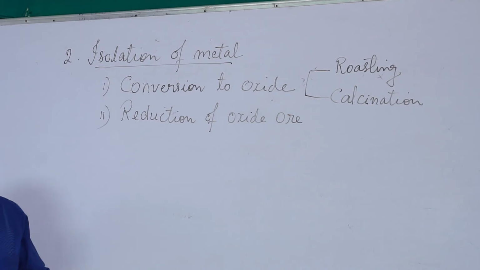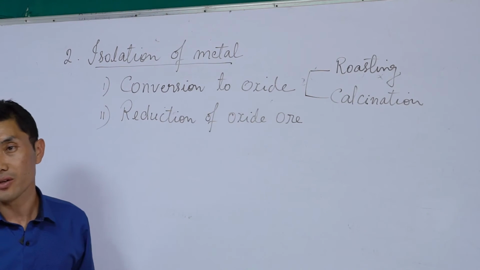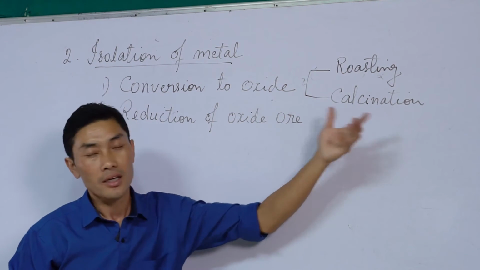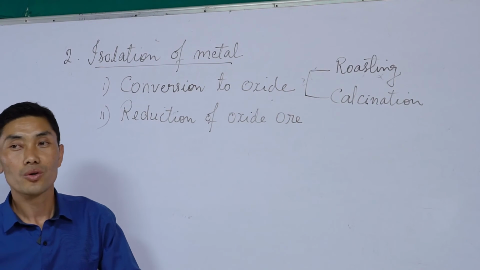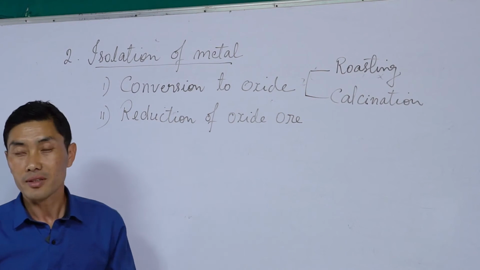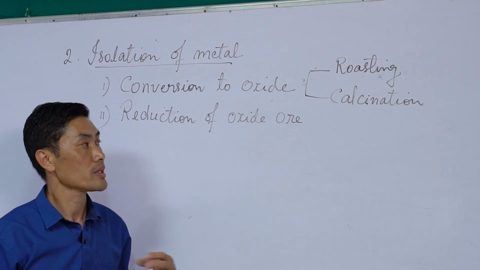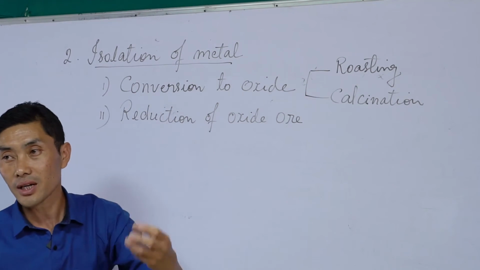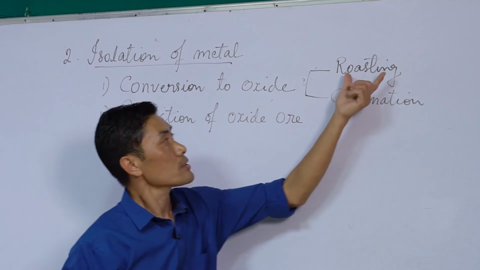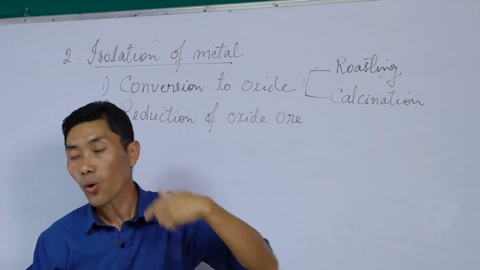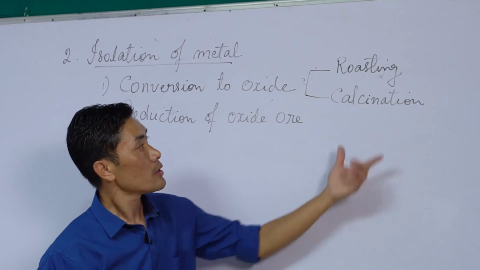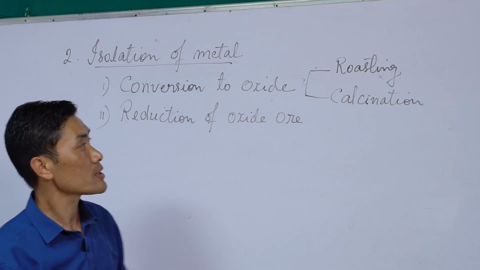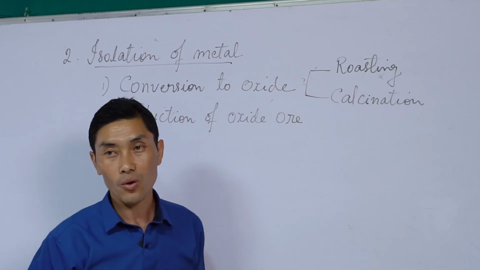Roasting means heating the ore strongly in excess of air or in the presence of oxygen. Calcination means heating the ore in very limited supply of air or in absence of air. During both processes, the volatile impurities are removed, and during roasting, sulfide ores are converted into oxide ores. During calcination, carbonate ores or hydroxide ores are converted again into oxide ores.